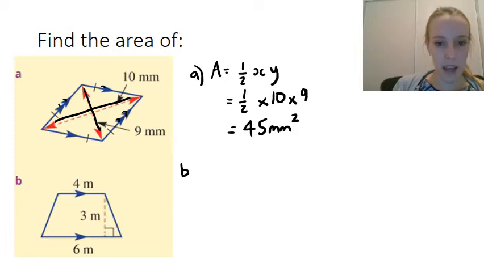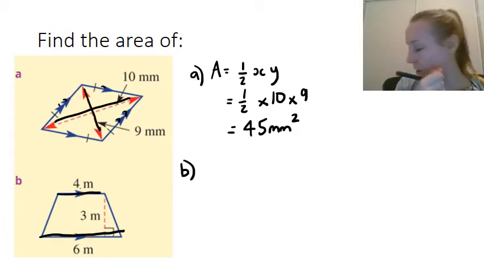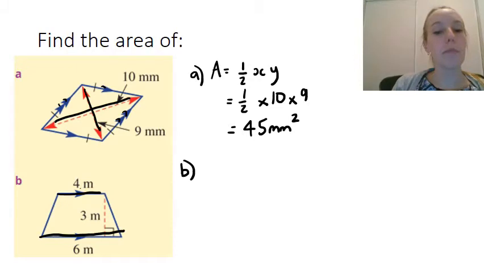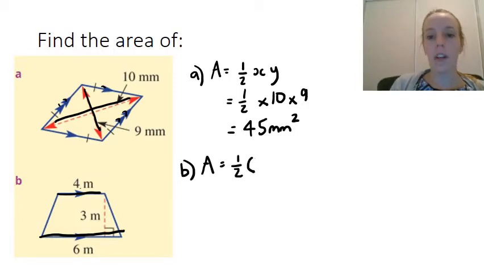Now for B, looking at this shape, you can see we've got parallel sides here, and we're given a height. Sorry. Hopefully you realize that's a trapezium, and the area of a trapezium is a half, A plus B in brackets, times our height.